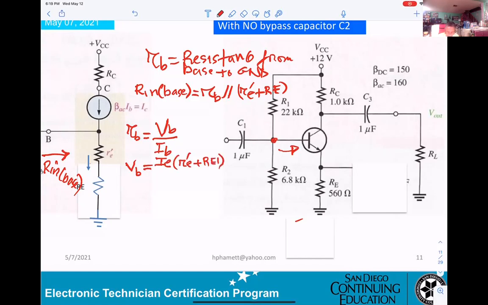That means the voltage from the base goes to the resistor here, and that is divided by IB.